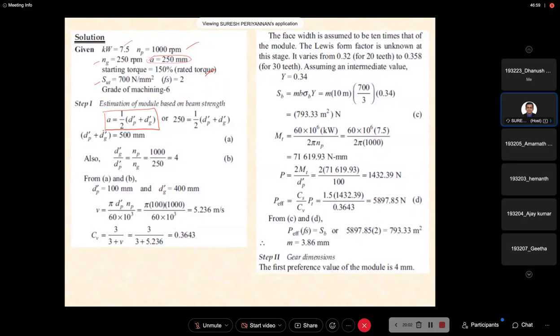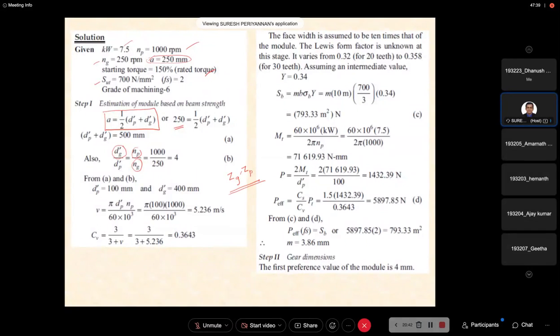Before entering into that, we should know what DP and DG are. DP and DG are not given, but they have given the center distance between the pinion and gear, and also the speed ratio. Speed ratio is nothing but DG by DP, or NP divided by NG. But in our problem, the number of teeth on the gear and the number of teeth on the pinion, Zg and Zp, are not given.